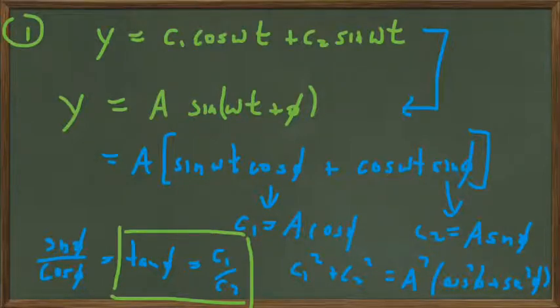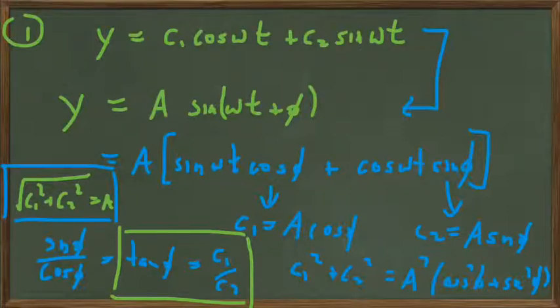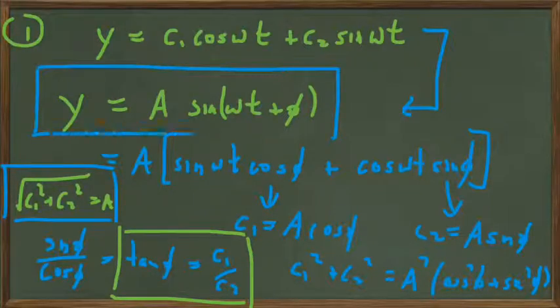And so the other requirement that we're going to need here is that if we take the square root of both sides, we see that the square root of c1 squared plus c2 squared equals A. So from now on, we're going to use this form of the solution in the undamped case, and the way we get from this form to this form is to have the square root of c1 squared plus c2 squared equal A.